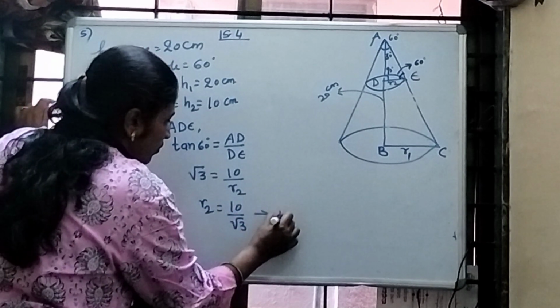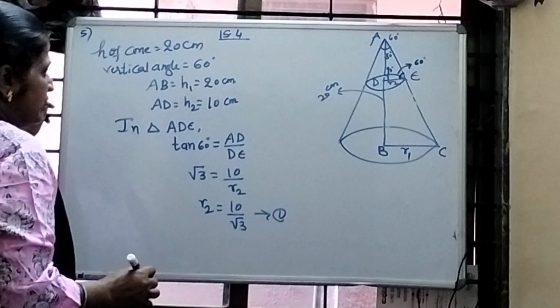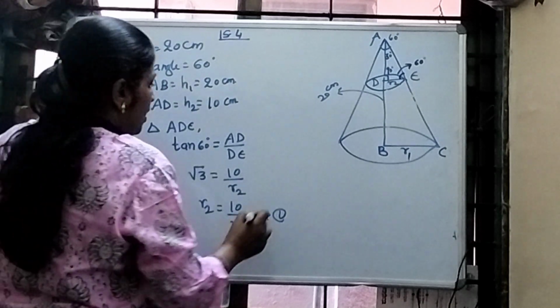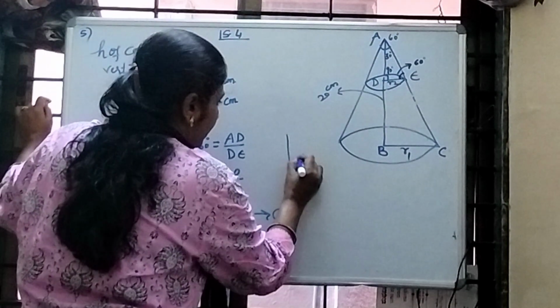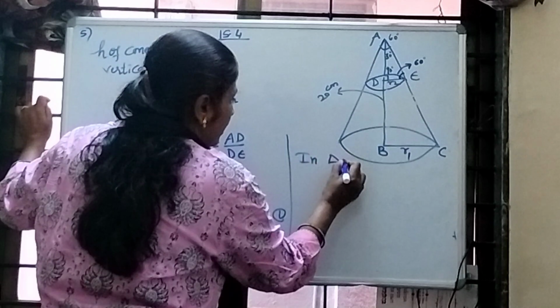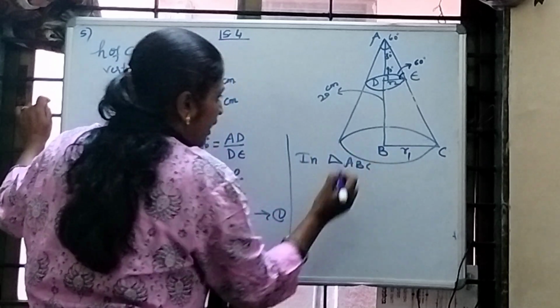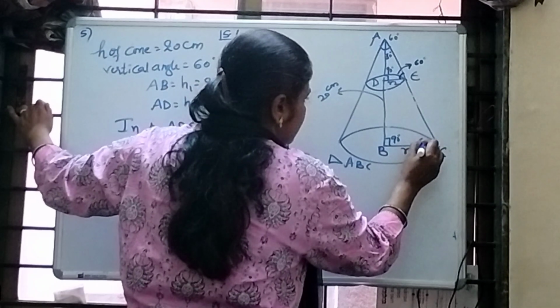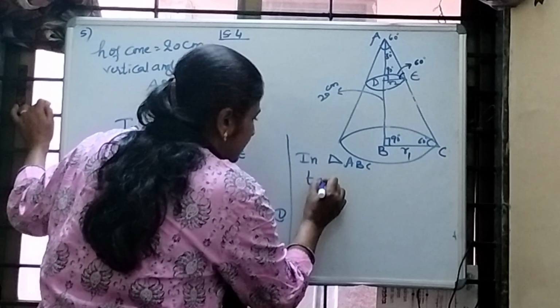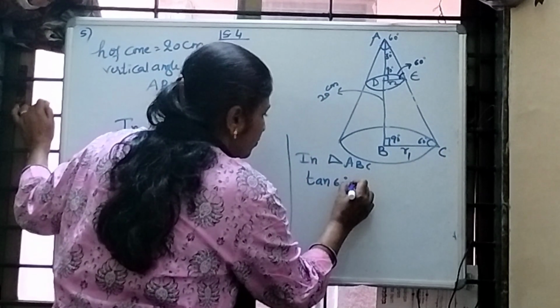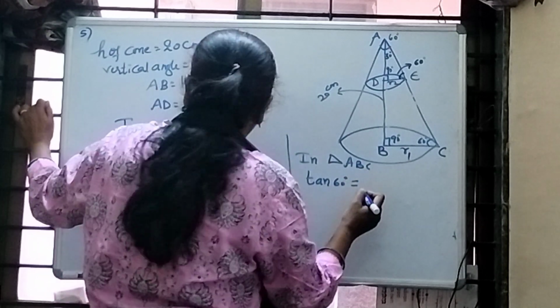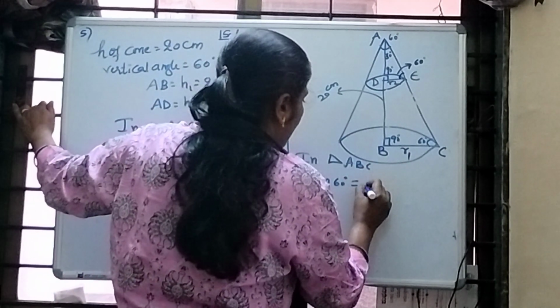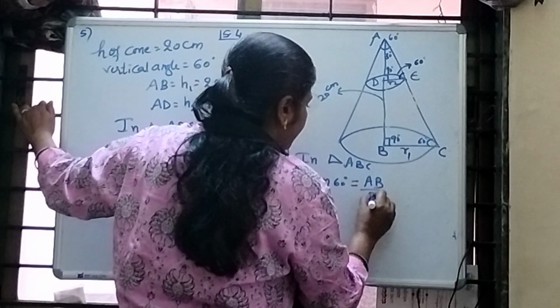We got R2. Next, similarly, we are going to find R1 in triangle ABC. Here this is 90 and this is 60. So tan 60 is equal to AB upon BC.